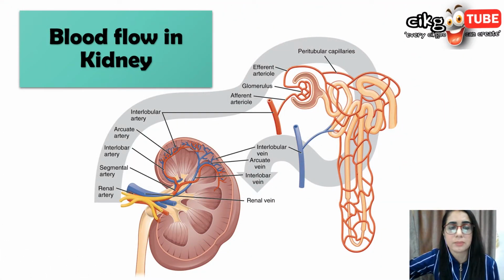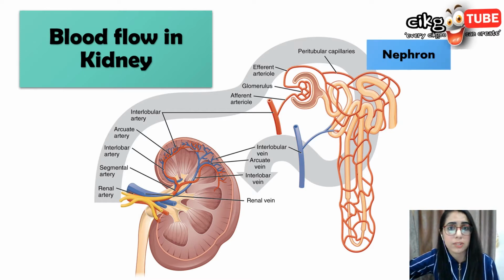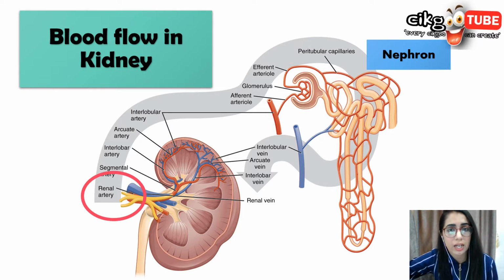Now let's look at the blood flow in the kidney. The direction of blood flow in the renal artery, afferent arteriole, and the glomerulus. The renal artery carries oxygenated blood containing nutrients and waste substances such as urea and mineral salts from the aorta to the kidney. In the kidneys, the renal artery branches into smaller blood vessels, which will eventually form the afferent arteriole.